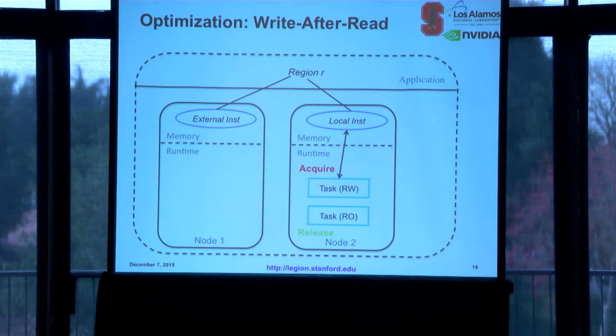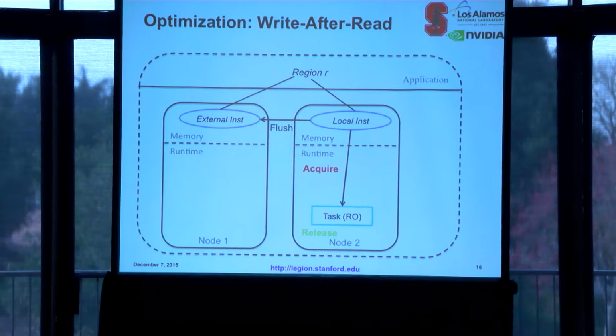Upon the completion of the read-write task, Legion's dependency analysis knows that before the release operation there is no read-write task, which means that the local instance won't be changed by a read-only task. As a result, Legion could perform the release operation before the completion of some read-only task. And Legion runtime could actually flush the dirty data back to the external resource even before the completion of some read-only task.